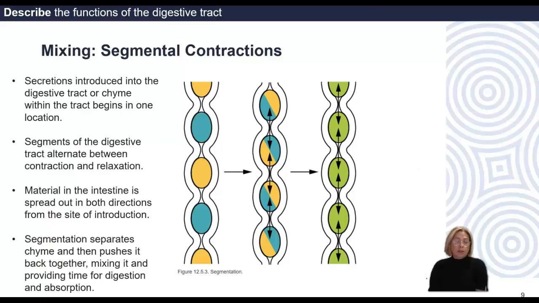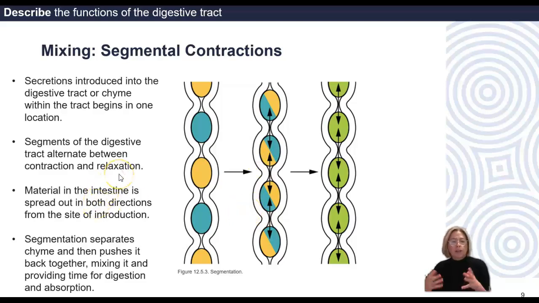There are also mixing movements as well, and these are called segmental contractions, and they occur in the small intestine. This type of movement doesn't propel food along, it just mixes. And again, you can see this schematic explaining it here. Secretions are introduced into the digestive tract, or chyme within the digestive tract begins in one location. Segments of the digestive system then alternate between contraction and relaxation, which is what you're looking at here.